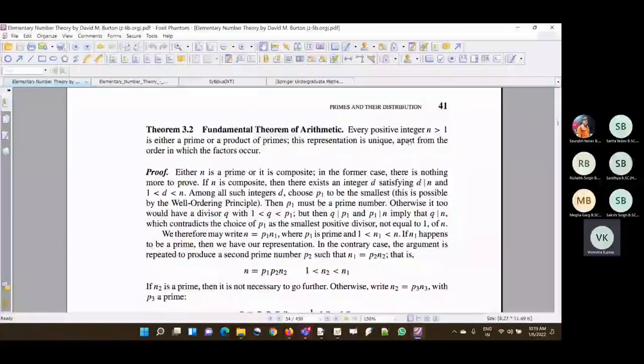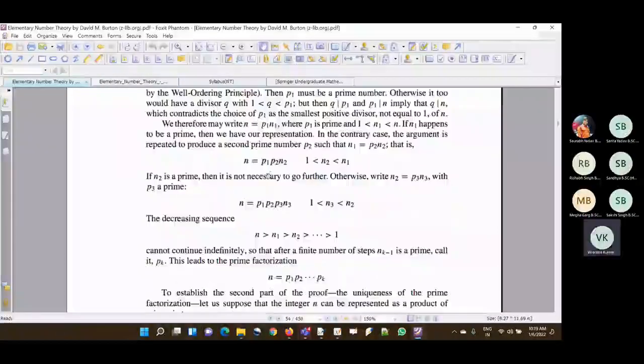This representation is unique apart from the order in which the factors occur. So if n is prime, all right. If it is not prime, then we can write that number n equals p1, p2, p3, dot dot dot.